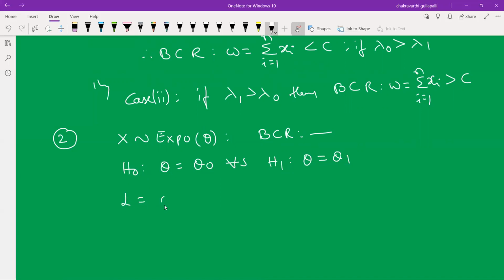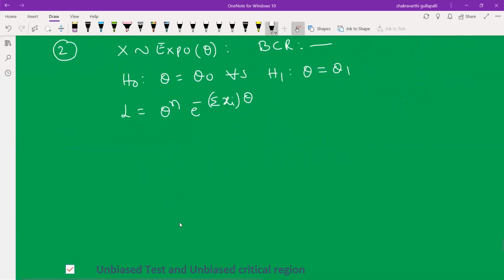Likelihood function: theta power n e power minus summation xi into theta. So the likelihood function under H naught is theta naught to the power n, e power minus summation xi into theta naught.